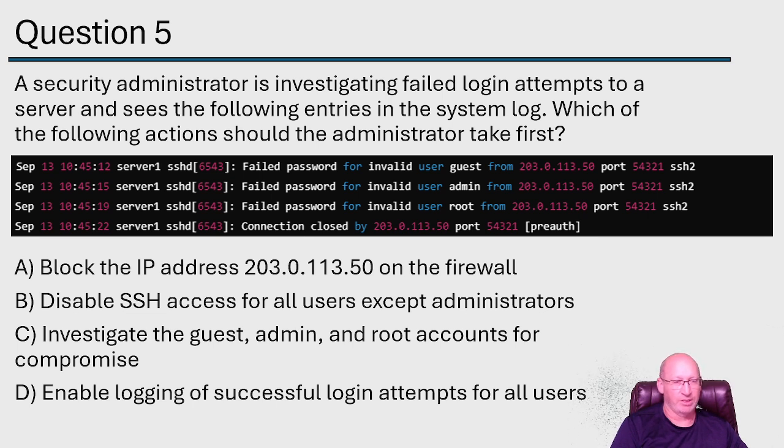Connection closed, from 203.0.113.50 on the same port. So we see all of these passwords being tried from guest, admin, and root. And then we see a connection closed, making us believe that there was a connection open between the two. And so we have some good answers here.